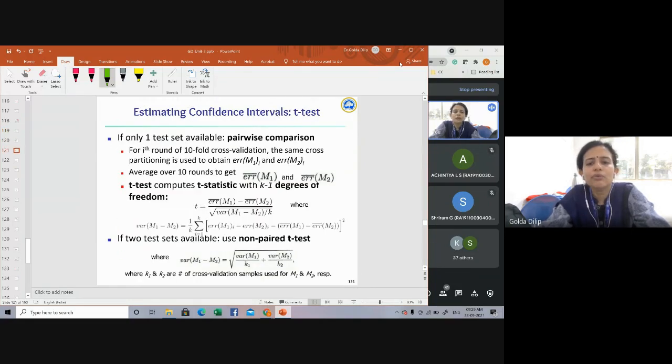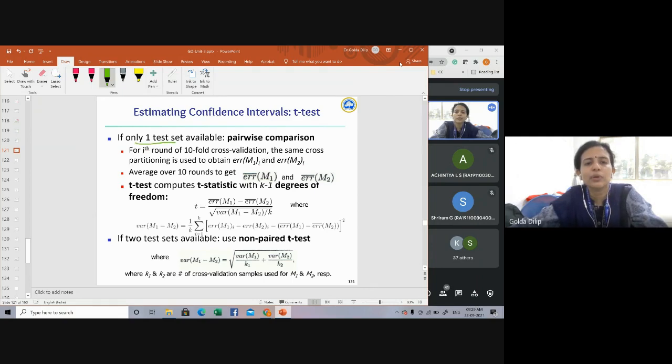Of course we do have some formulas. Don't get scared by seeing these formulas. You just need to know the procedure that is followed. In data mining, we generally employ only a single test set, and the same test set can be used for both M1 and M2.